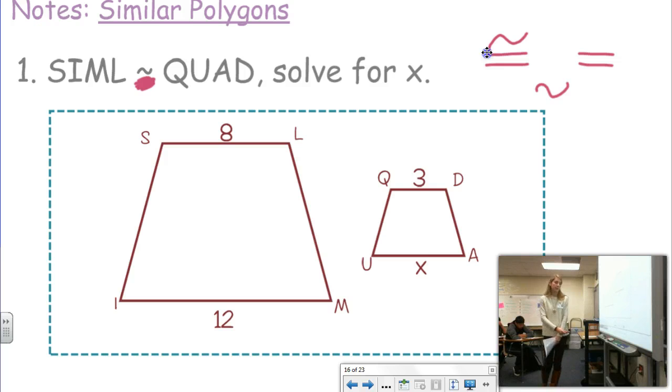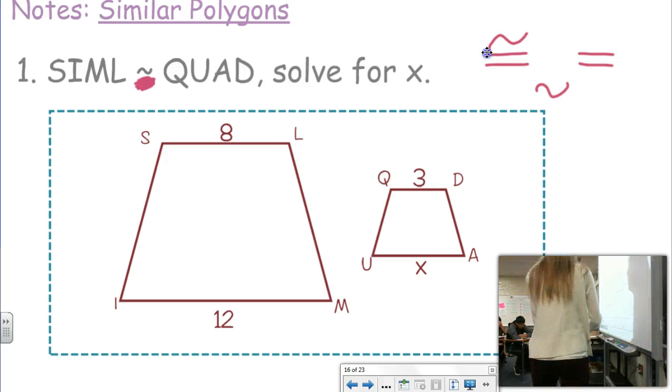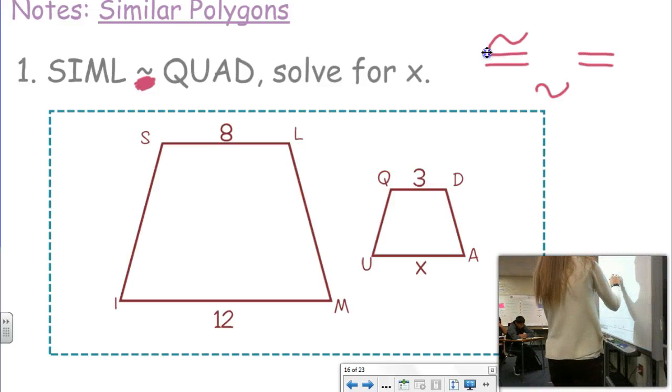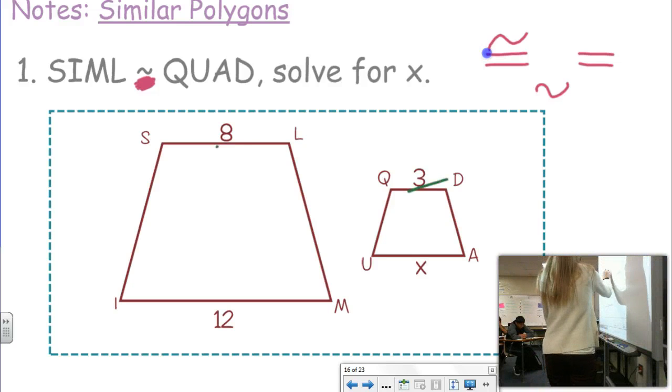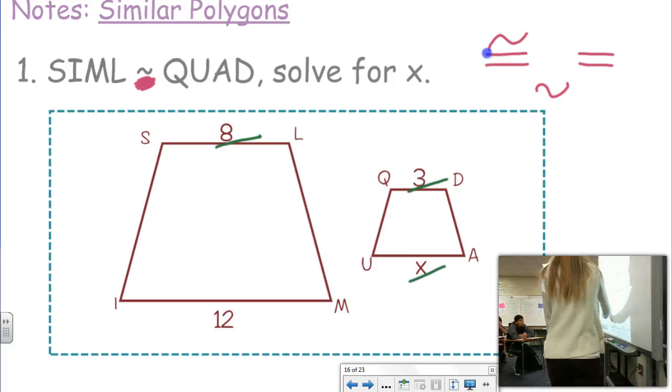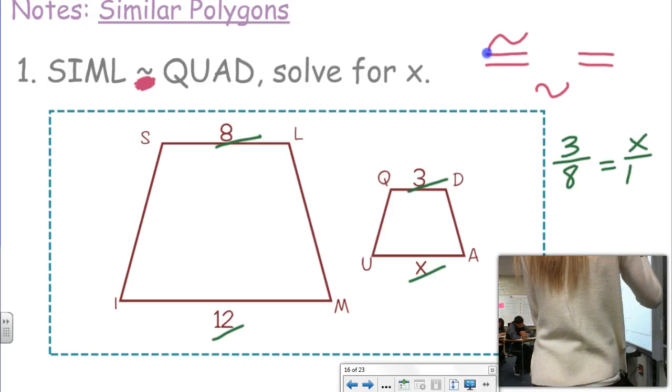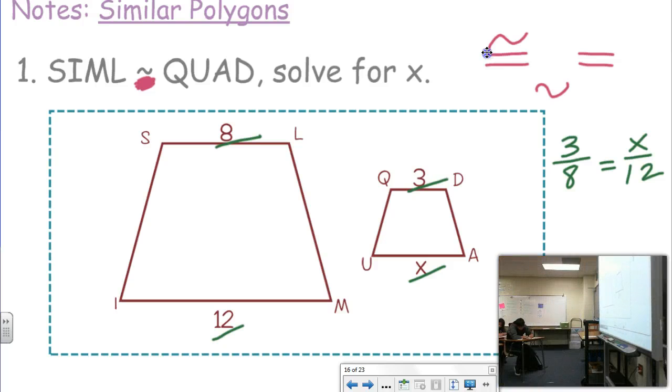Y'all probably could have done this without me even teaching you this. We're going to set up a proportion. That's all we're going to do. 3 is to 8 as x is to 12. That's a proportion. 3 over 8 equals x over 12.